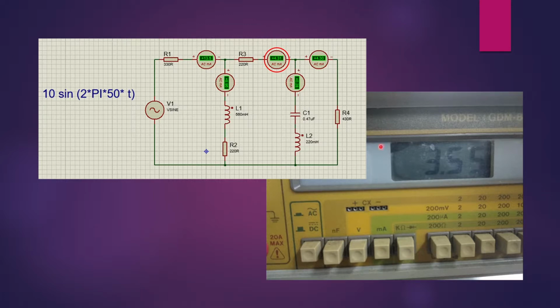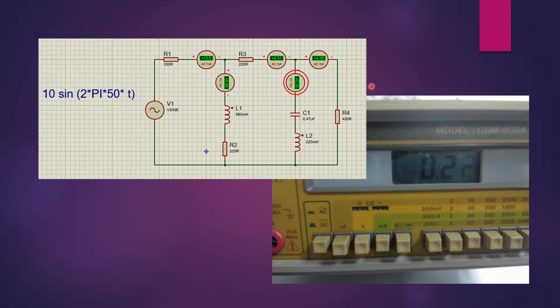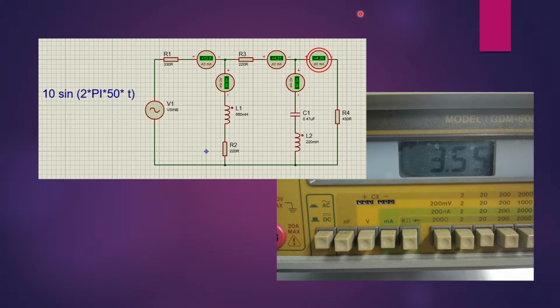In the hardware setup, we only get 3.55. And the next current is the current passed through the branch C1 and L2. In simulation, we get 0.28 amps, but in the hardware setup, we only get 0.22. And last, the current passed through the branch R4 in simulation, we get 4.30 amps, but in the hardware setup, we get 3.55 amps.